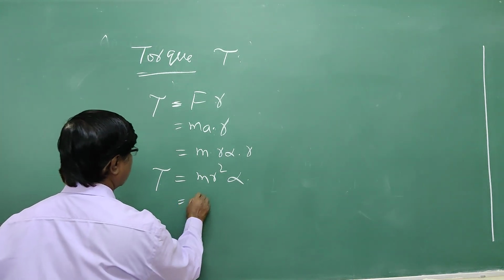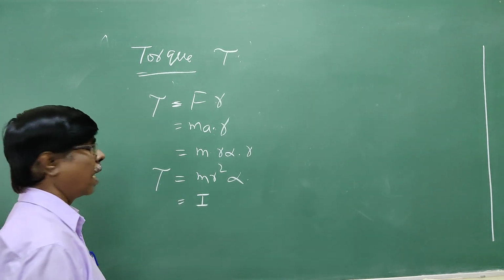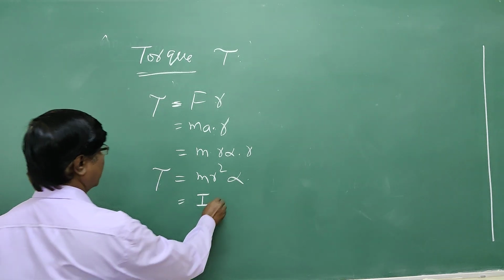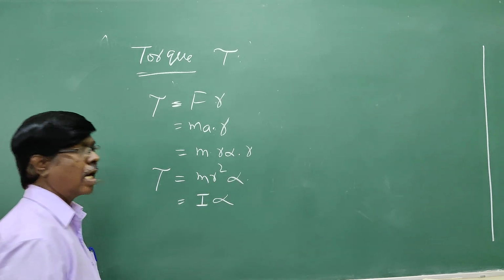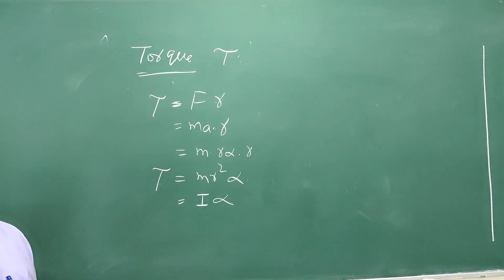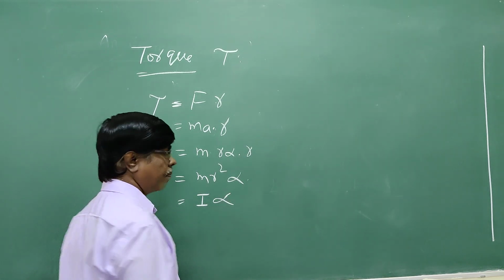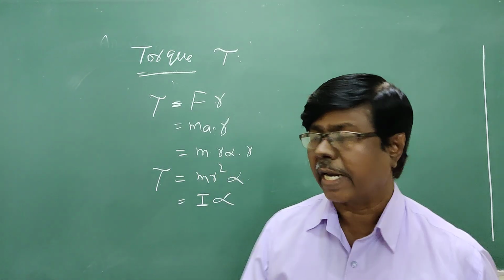This m r square is nothing but I, the moment of inertia of the particle. Mathematically, torque is the product of moment of inertia and the angular acceleration alpha.